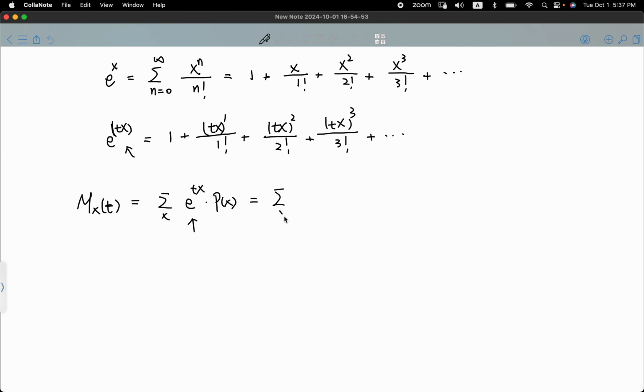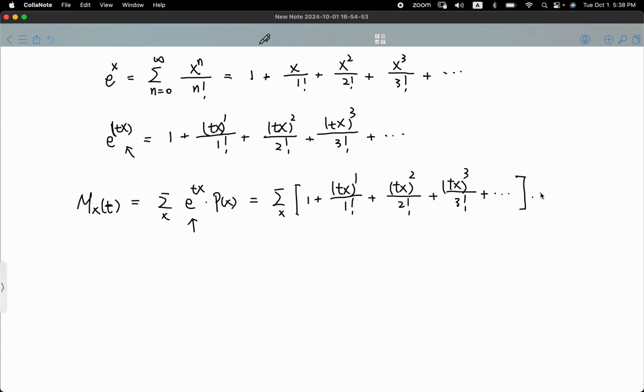So again, we have the summation here, and let me use a square bracket to cover this infinite sum. You will have 1 plus tx raised to the power of 1 over 1 factorial, and then tx raised to the power of 2 over 2 factorial, plus tx raised to the power of 3 over 3 factorial, and then dot, dot, dot for this infinite sum.